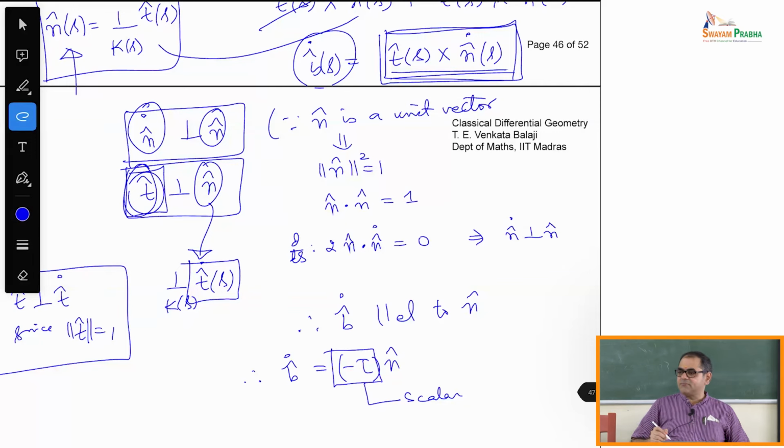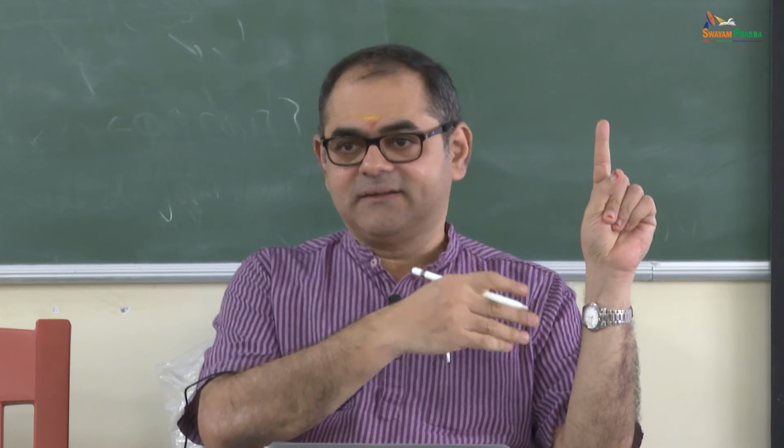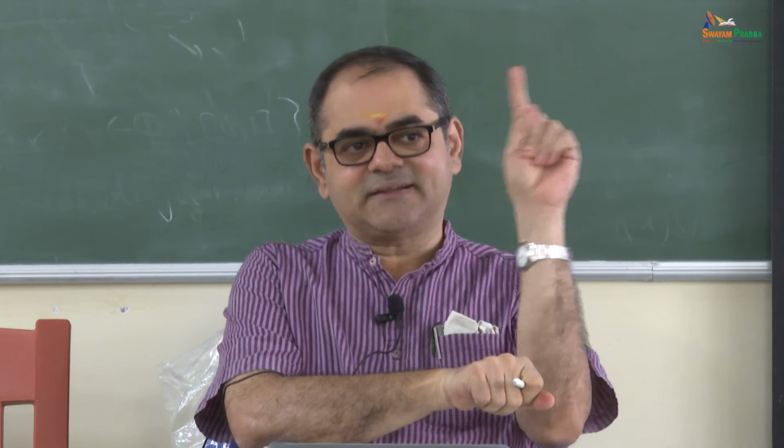So what does this simple calculation tell you? It tells you that the change in b hat, the change in the binormal, that is the instantaneous change in the binormal with respect to s, b hat dot s, is a scalar times n hat. So the change in the binormal happens along the normal direction with the axis as the tangent direction.